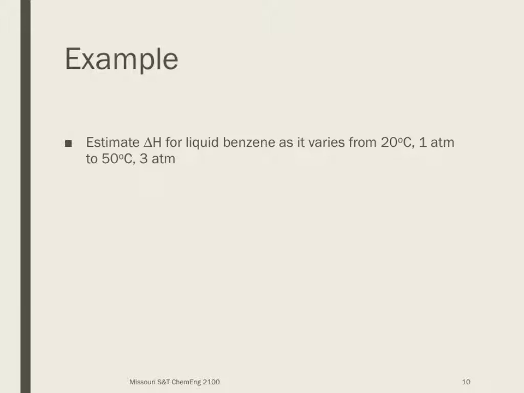In this example, we want to look at delta H for liquid benzene varying from 20 degrees C in 1 atmosphere to 50 degrees C in 3 atmospheres. Now we're going to need data for liquid benzene, so if you go to the appendix of the textbook, we find that the density is 0.879 grams per milliliter.